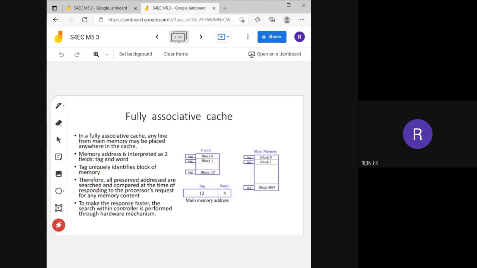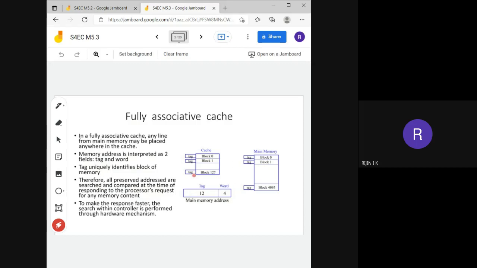Therefore, in this fully associative cache, all the tags are searched and compared at the time of responding to the processor's request for main memory content, because block 0 can be placed anywhere in the cache memory. That means when a processor requests a particular block, it has to search from block 0 to block 127.